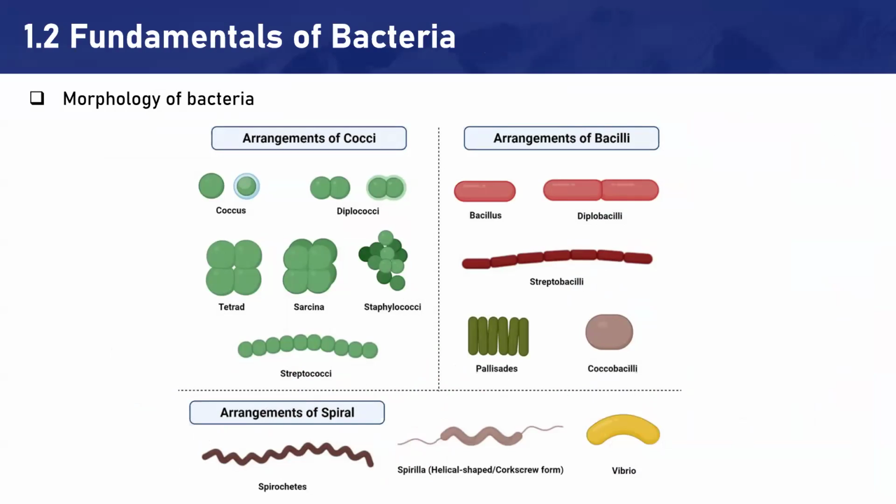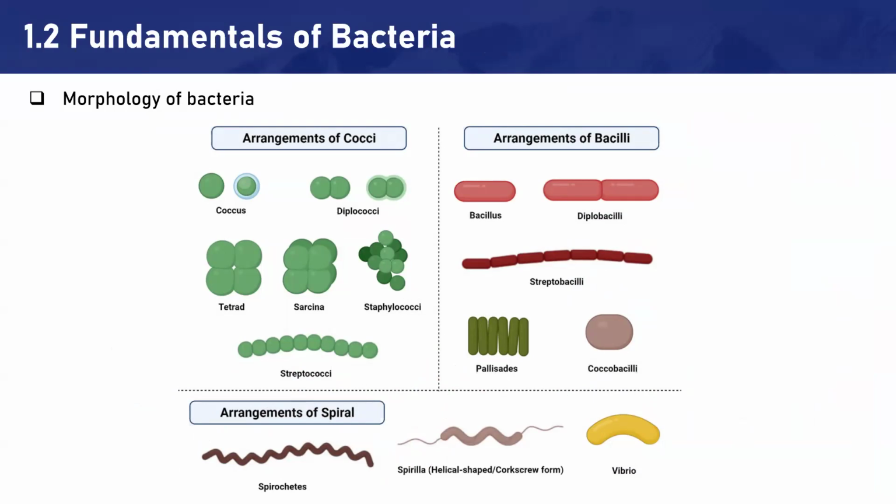The morphology of bacteria we can divide into two categories. The first one is cocci, the second one is bacilli, and other shapes of bacteria we can set into these categories.